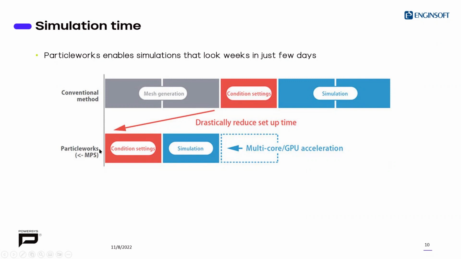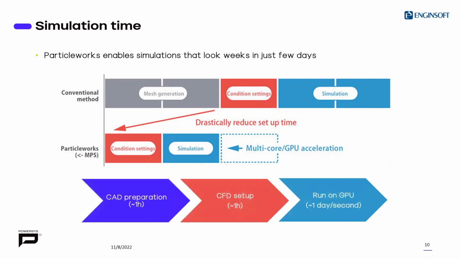We directly import the CAD, define the conditions, and run the simulation, and we can get the result in a few hours. So it is very simple to move any machine into Particleworks in a few hours.